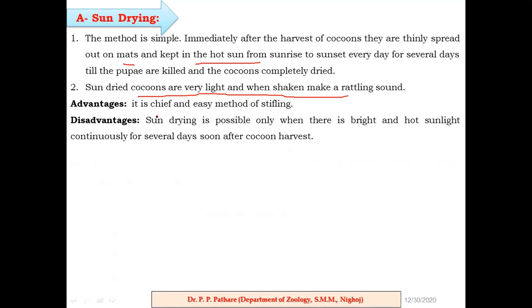Next important point, that is the disadvantages of sun drying. Sun drying is possible only when there is bright hot sunlight continuously for several days after the cocoon harvesting. For example, if you harvest your cocoon and the next day bright, hot sunlight is not present, this method is not applicable.